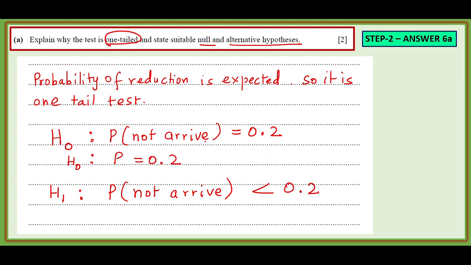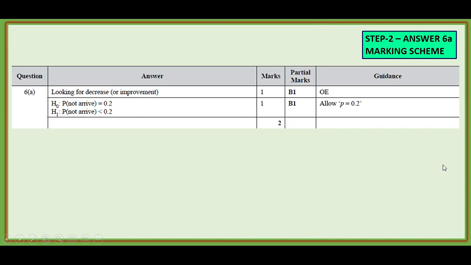For stating the null and alternative hypothesis, 1 mark is given, and for why it is one-tailed, that part has 1 mark. So totally 2 marks for this answer. You can see here from the marking scheme, it is H naught, probability of not arriving 0.2.